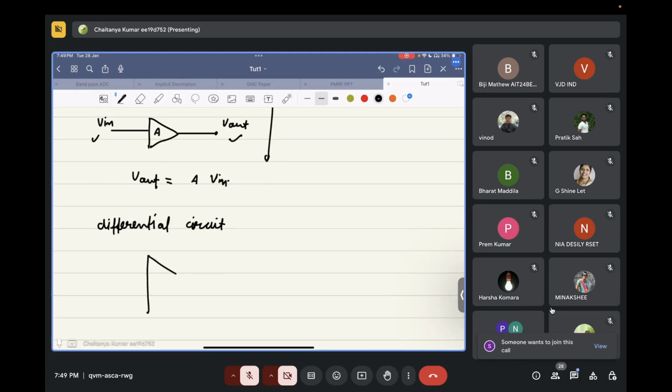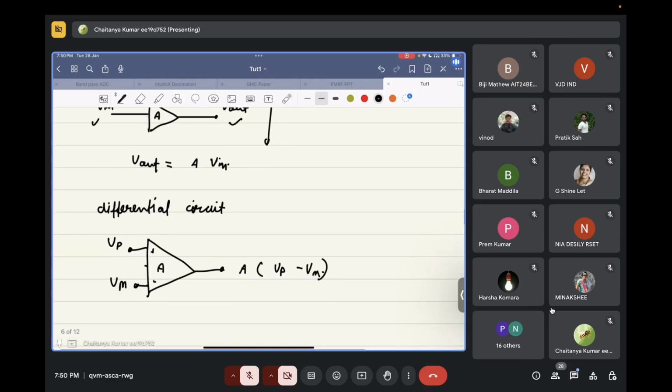A simple differential circuit is our op amp. So we have two inputs. Let's call this VP. Let's call this VM. Our output is A times (VP minus VM). This is a differential circuit.